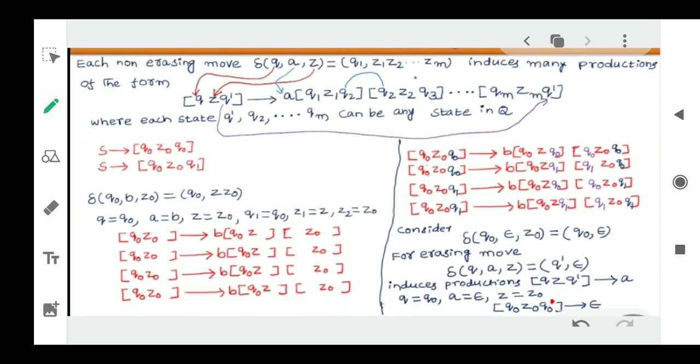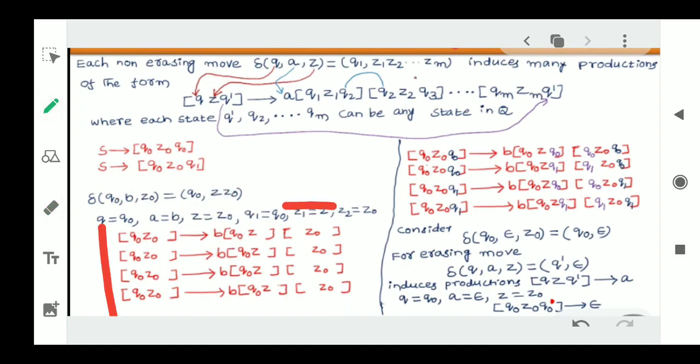Suppose if the stack is containing only 1, during that time only 2 forms. We can take only 2 production forms, that we will see later. Since the top of the stack here represents 2 symbols, we will take 2 into 2, 4 production forms. That's why I have taken all the 4 production forms like this.